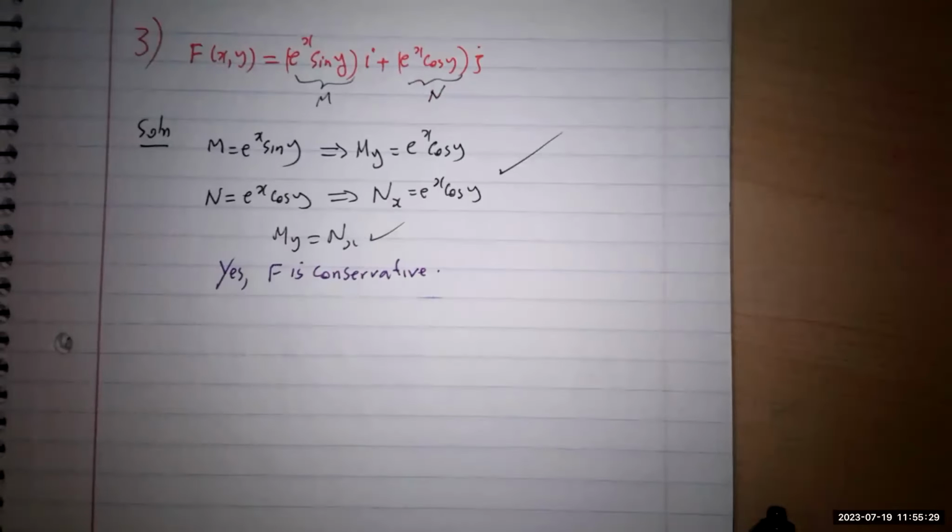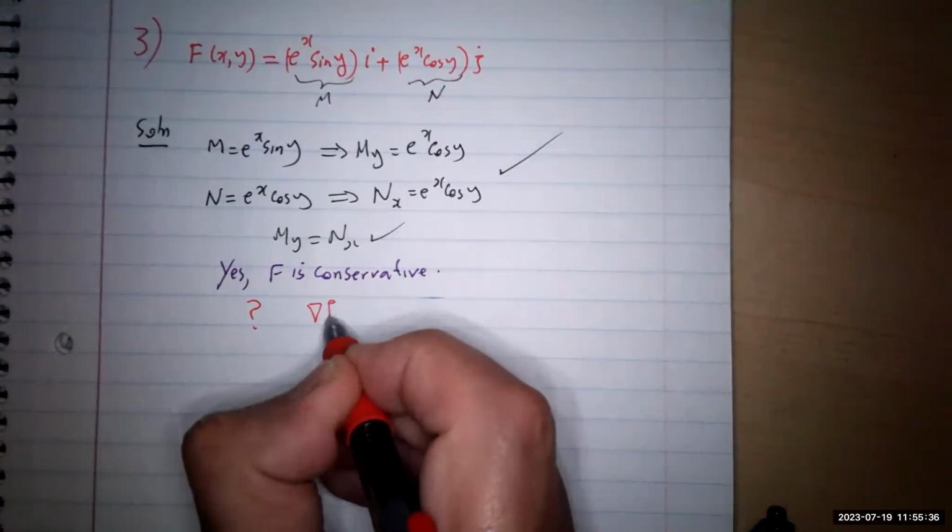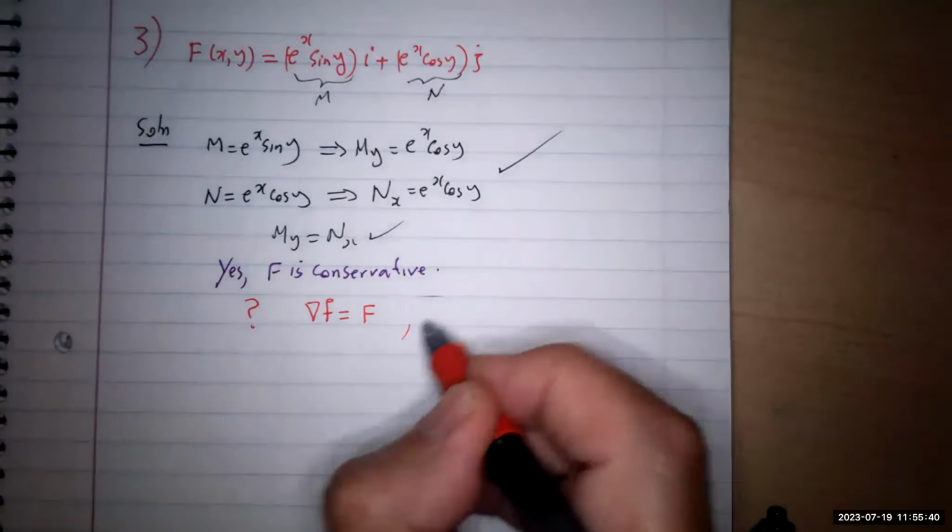So the next question is, where is the f? You need to find the function f so that the gradient of f is equal to your vector field, and f is missing.